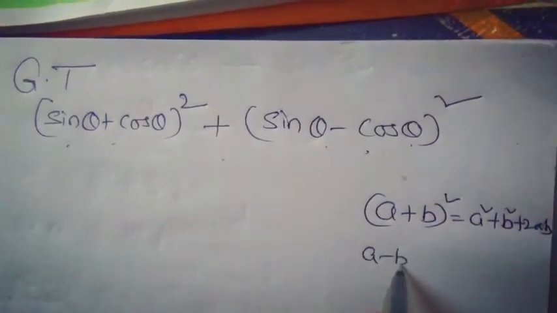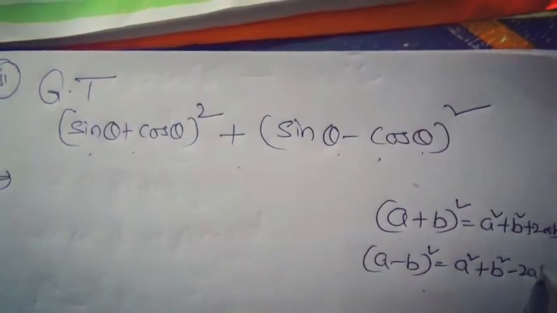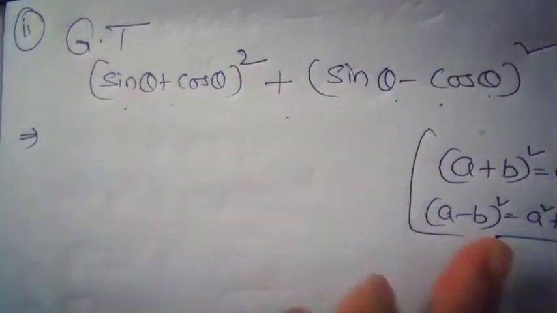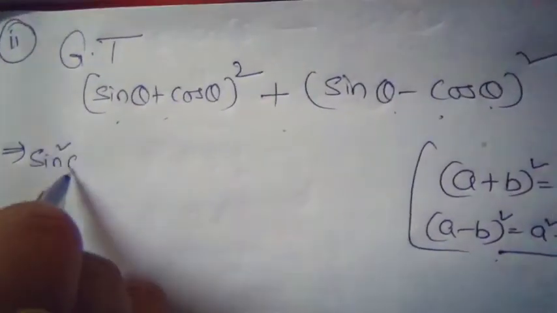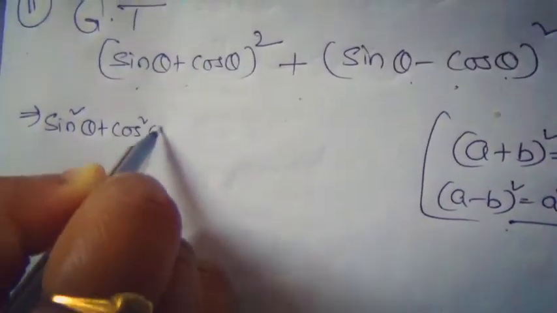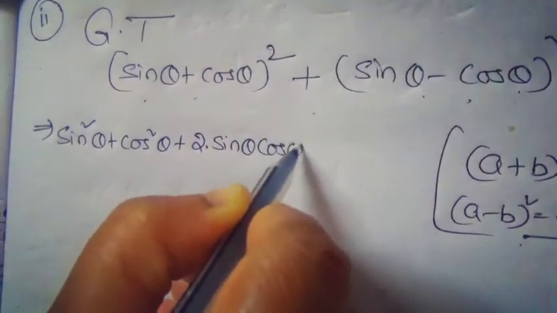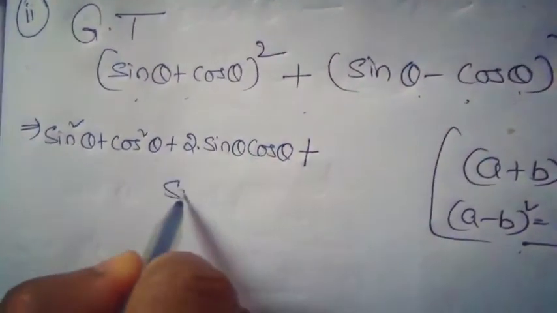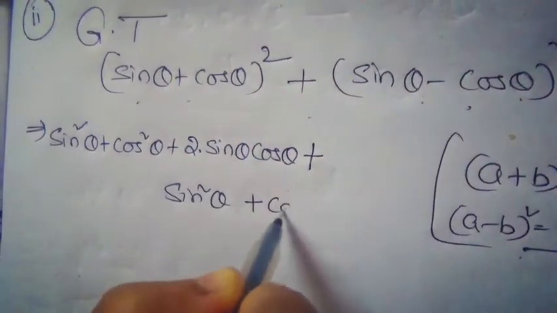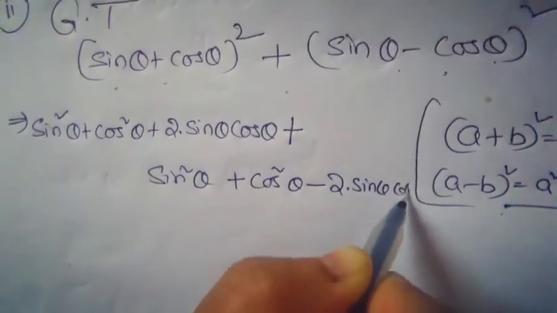Just like that, a minus b whole square is equal to a square plus b square minus 2ab. So just follow it: sin square theta plus cos square theta plus 2 sin theta cos theta, plus sin square theta plus cos square theta minus 2 sin theta cos theta.